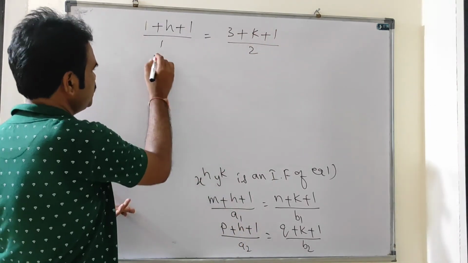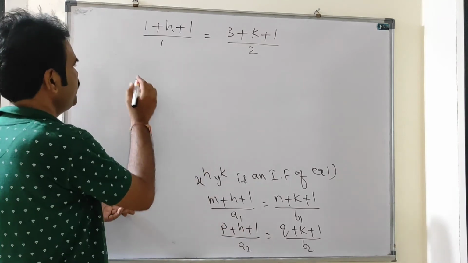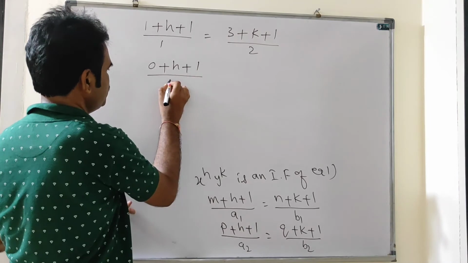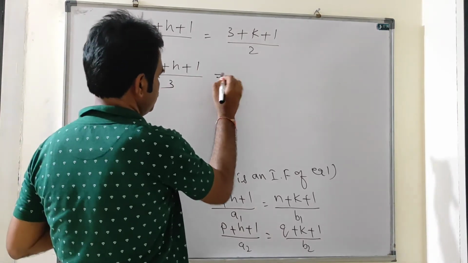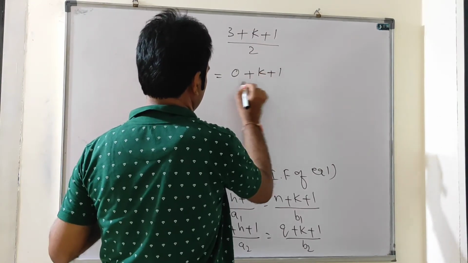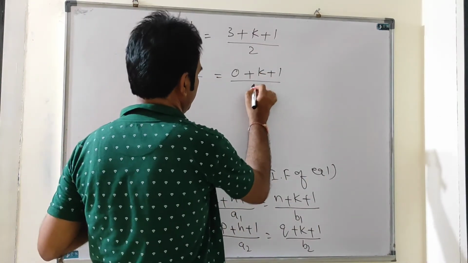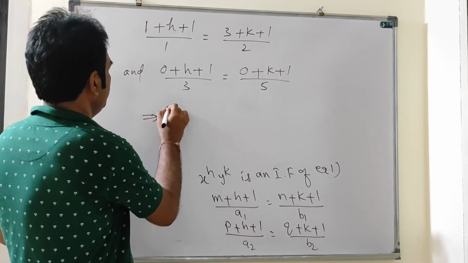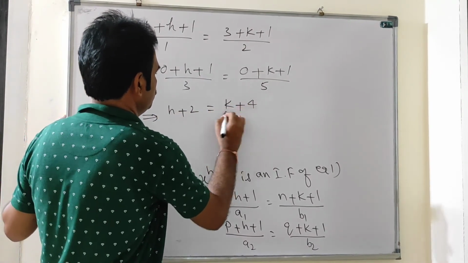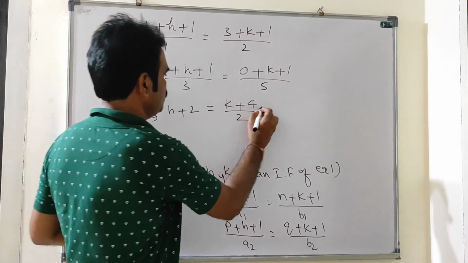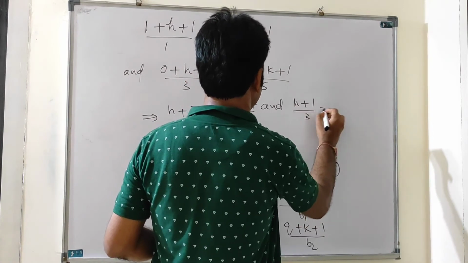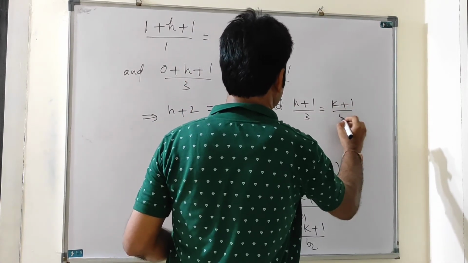And the next equation is (p + h + 1)/a2, p is 0, a2 is 3, is equal to (q + k + 1)/b2, q is 0, b2 is 5. That implies (h + 2) = (k + 4)/2 for the first equation, and (h + 1)/3 = (k + 1)/5.